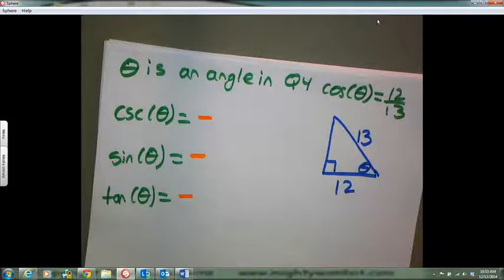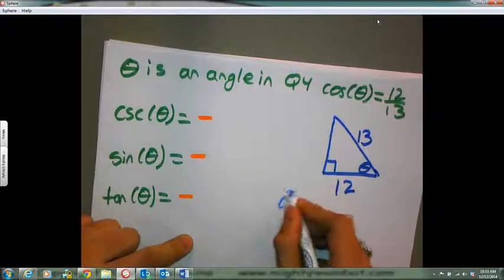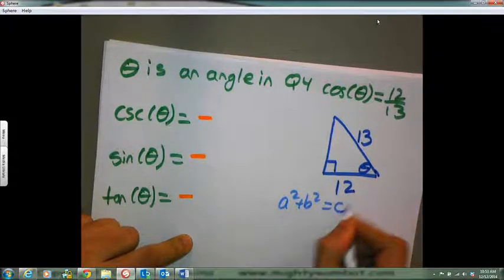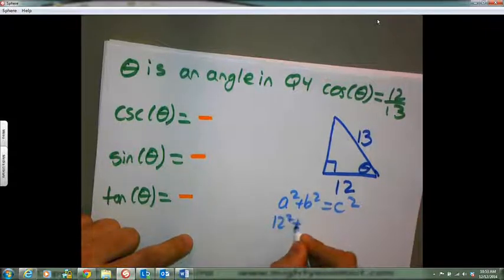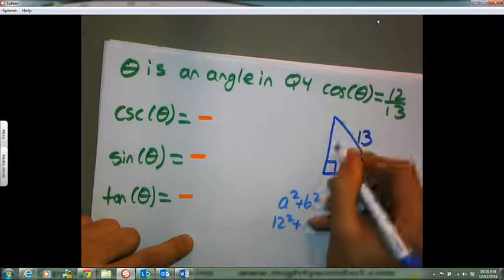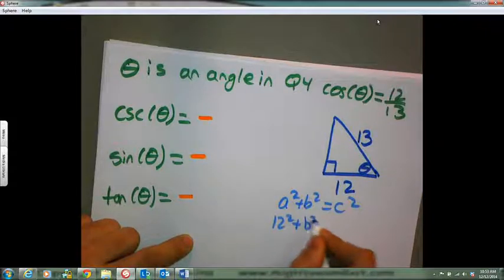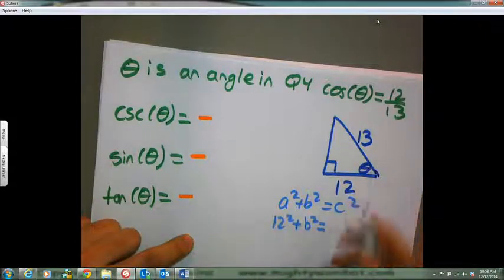All right, so those who are good, we should just roll right through this. A squared plus b squared equals c squared. A squared is 12, so 12 squared. B squared, we have no idea what that is. C squared, c is 13, so 13 squared.